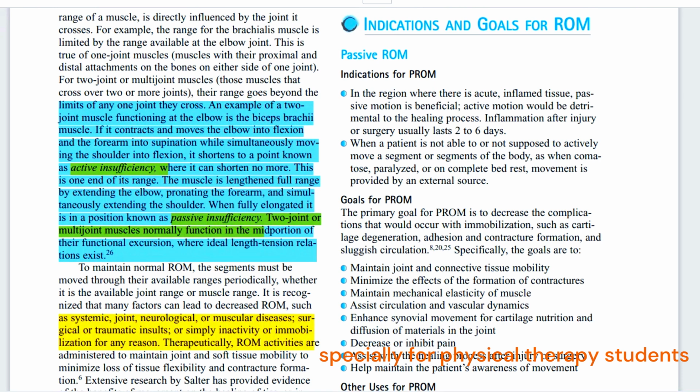After that, you have to preserve some muscle elasticity. As you can see in your book, there are many other things, but you have to maintain the mechanical elasticity of muscles. When you work with these kinds of patients, there are many other things involved. The patients may have spasticity or flaccidity, and there are many other things.